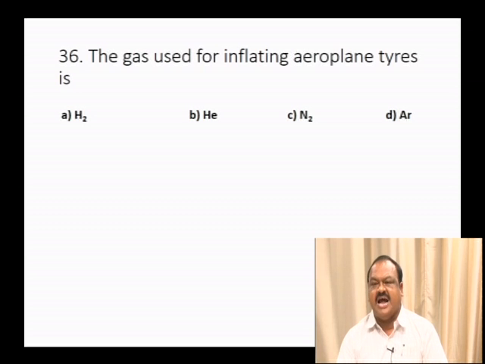It does not react with rubber, hence it is filled for inflating aeroplane tires. Answer is B.